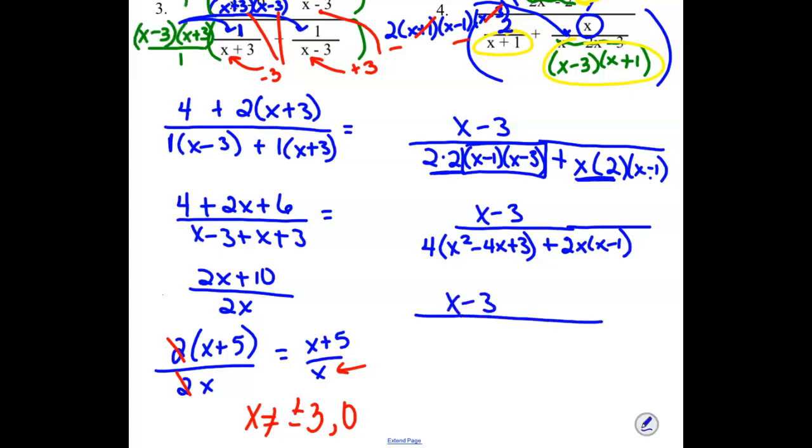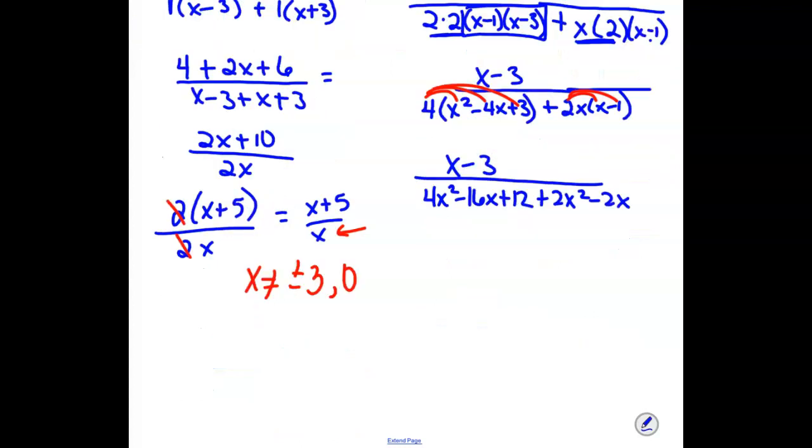If we distribute, we would have a 4x squared minus 16x plus 12. Multiplying the 2x into that second part, we get 2x squared minus 2x. And then we have some like terms we can combine. So we're going to end up with 6x squared minus 18x plus 12.